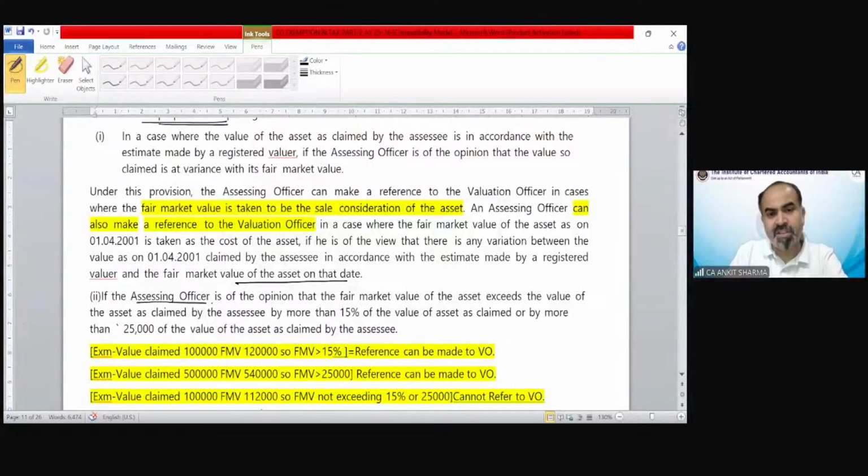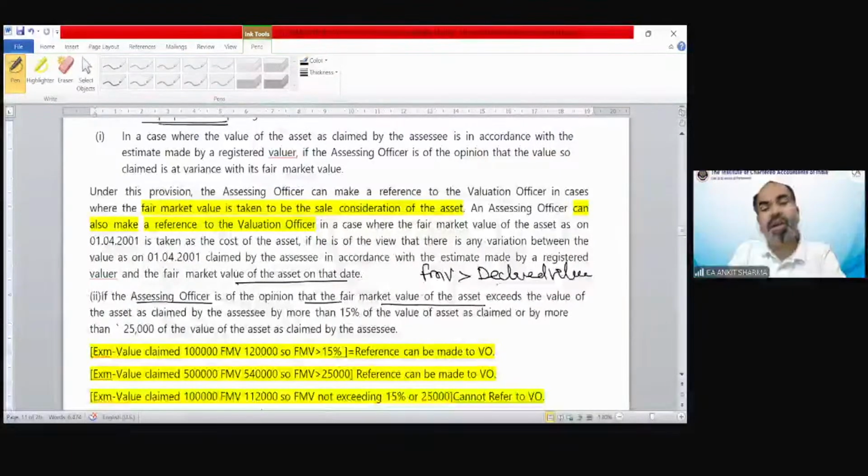If the assessing officer is of the opinion that the fair market value of the asset exceeds your declared value, that is, whatever value you are declaring in respect of any asset, but the fair market value is more than that, then he can refer the valuation to the valuation officer, but at least one of the following conditions should be fulfilled.